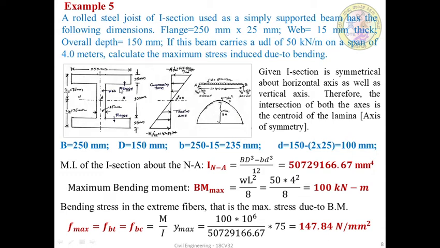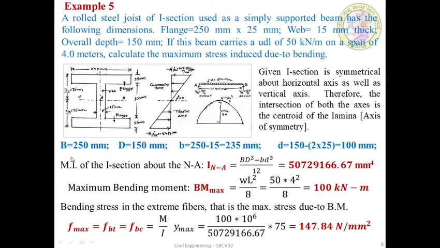Directly, we can apply the axis of symmetry, since the given I section is symmetrical about both the horizontal as well as vertical axis. If you draw the axis of symmetry, the intersection will give the centroid, and a horizontal line passing through the centroid will give the neutral axis. So now the centroid and the neutral axis of the given I section are located.